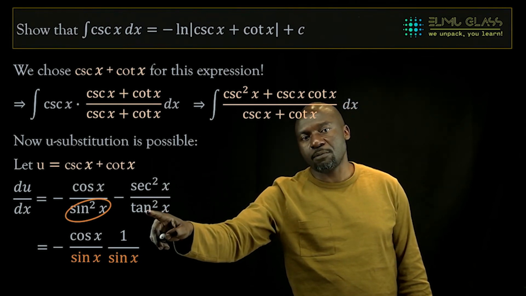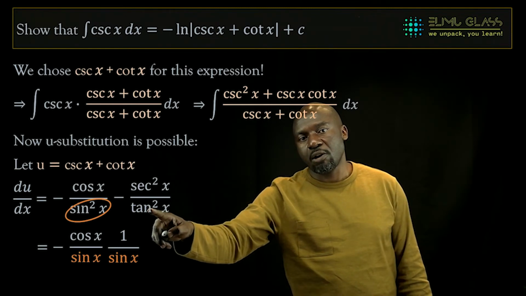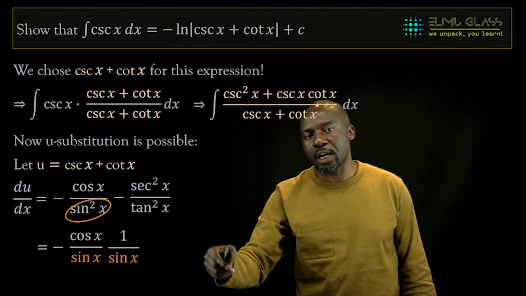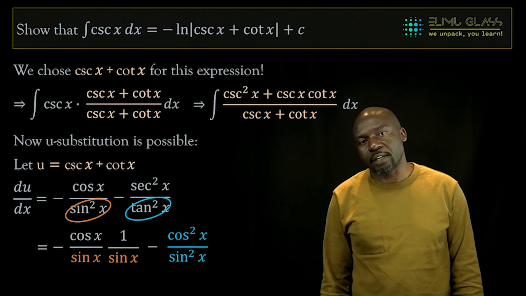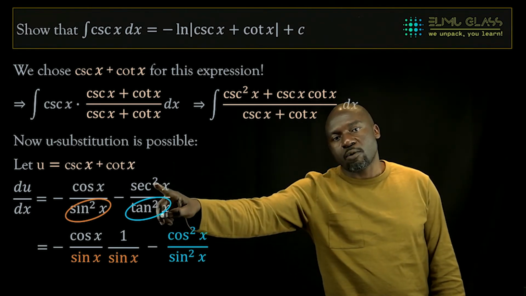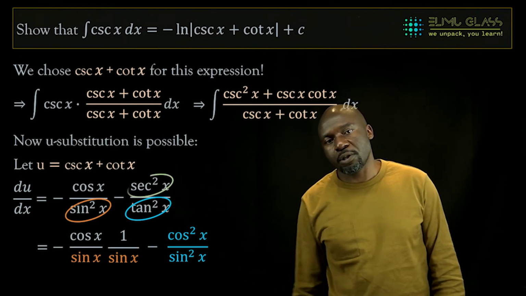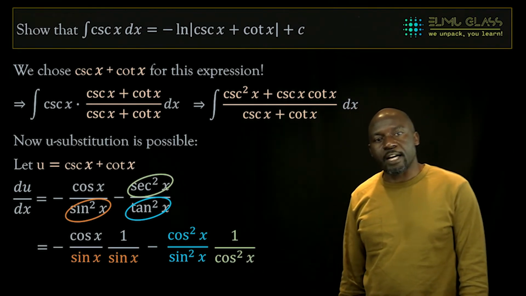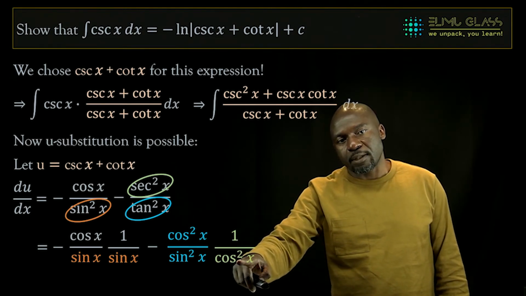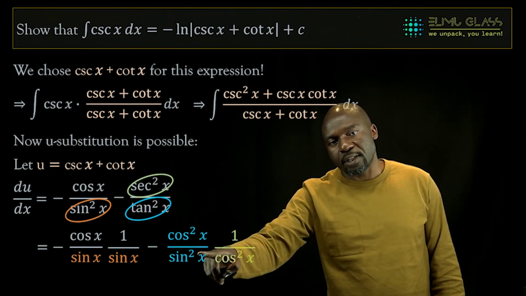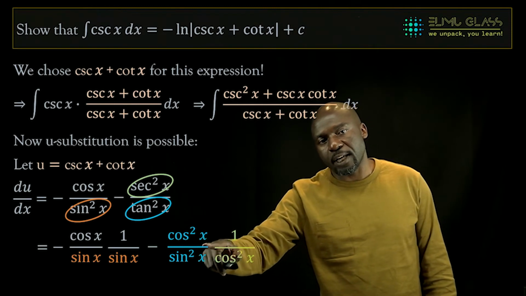I can transform tan into sine over cosine, so tan squared is sine squared over cos squared, and the cos squared goes up. So that becomes cos squared over sine squared, and sec squared is 1 over cos squared. The cos squared cancels out, and I'm left with 1 over sine squared, which is in fact cosec squared.